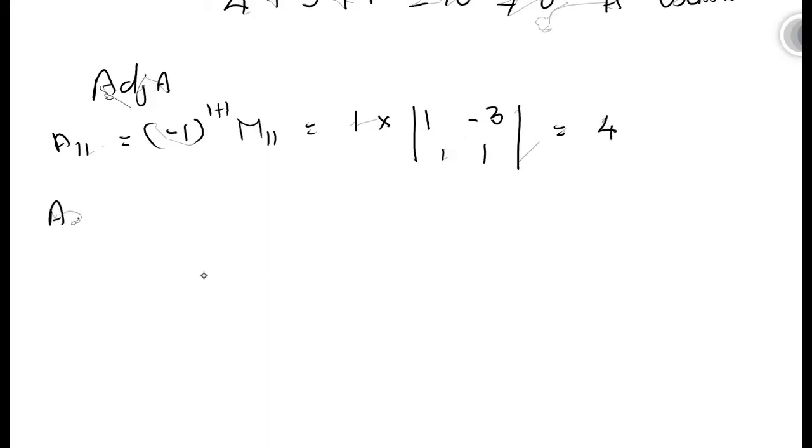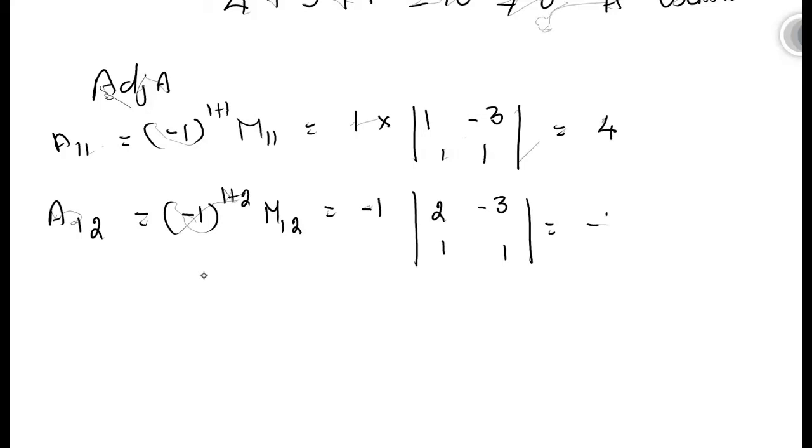Next, A12 is equal to (-1) to the power of 1 plus 2, M12, which is minus 1 into the determinant [2, -3; 1, 1], which is minus 1 into (2 plus 3), that gives you minus 5.